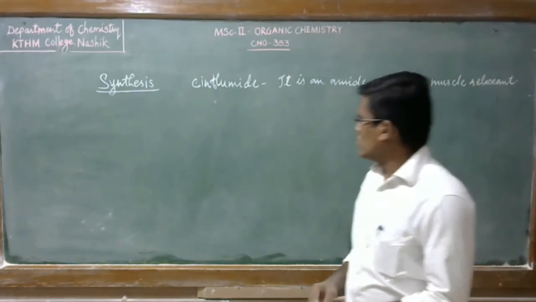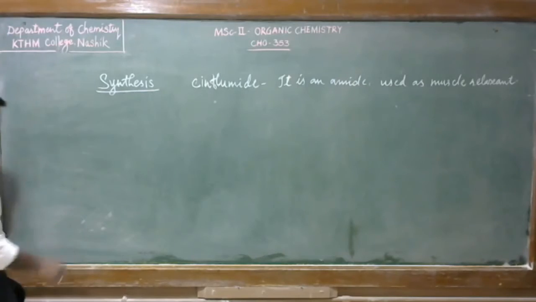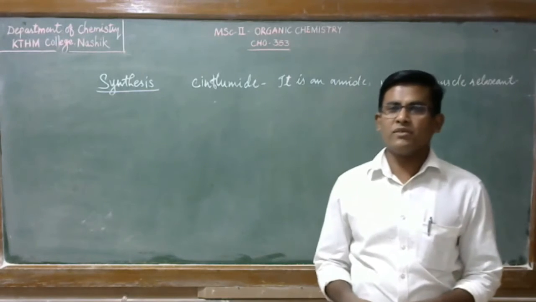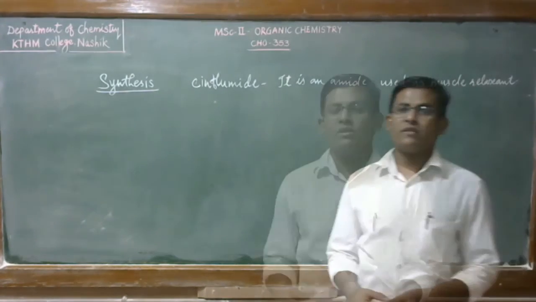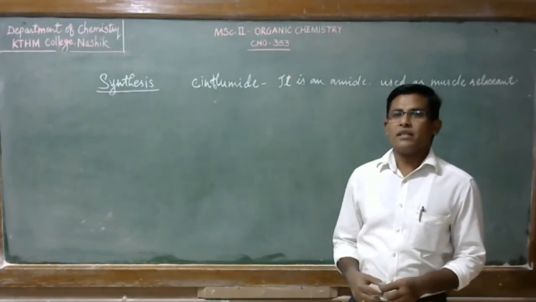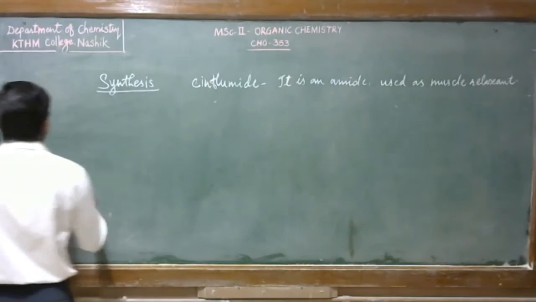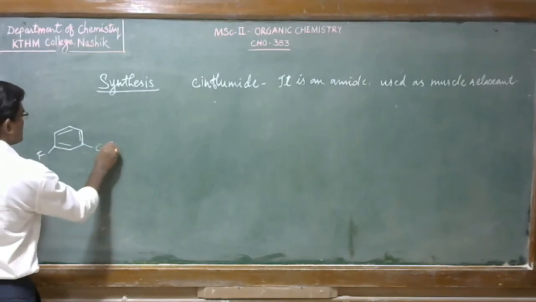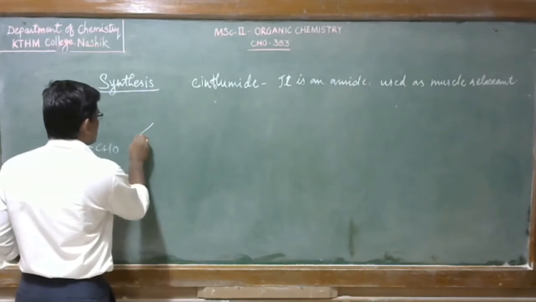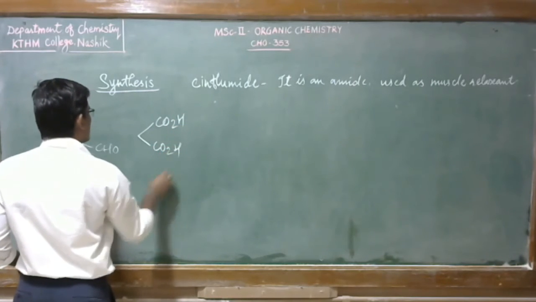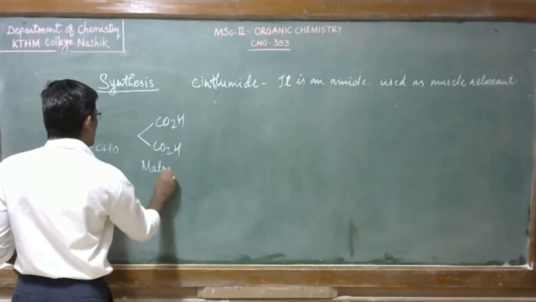In the forward synthesis, instead of using acetic acid, we can use its equivalent. We can use malonic acid instead of acetic acid. So we have this aldehyde, and we treat it with malonic acid.